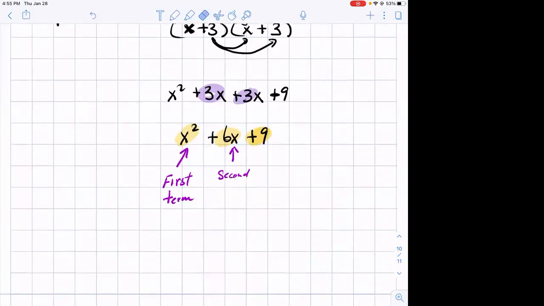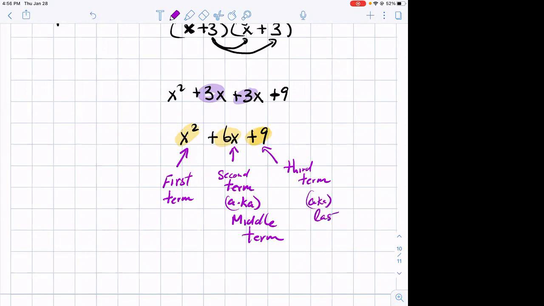Here we have our third term, or last term. So the first, second, and third, or first, middle, last.